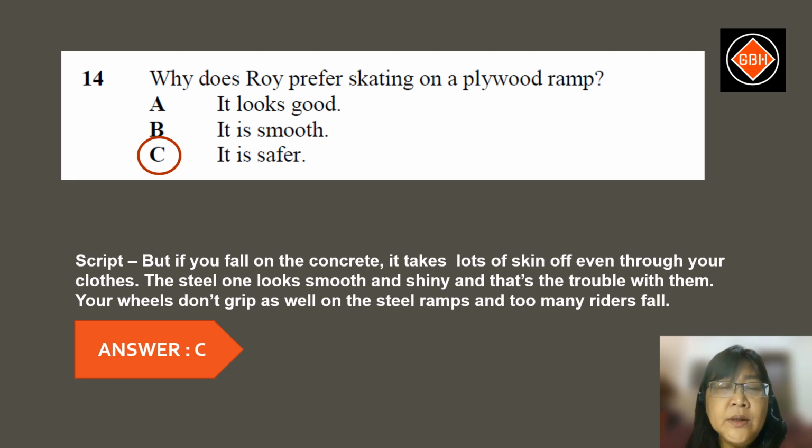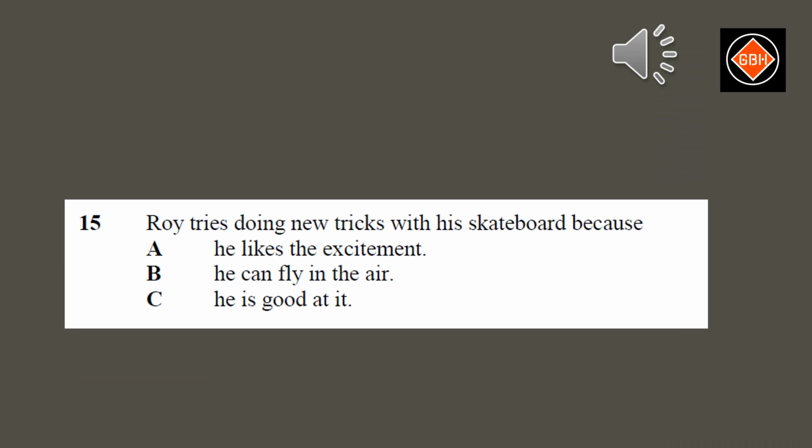The wheels don't grip as well on the steel ramps, and too many riders fall. Okay, so riders fall when they use the steel ramp. So definitely, why does Roy prefer skating on a plywood ramp? The answer is it is safer. Answer is C.